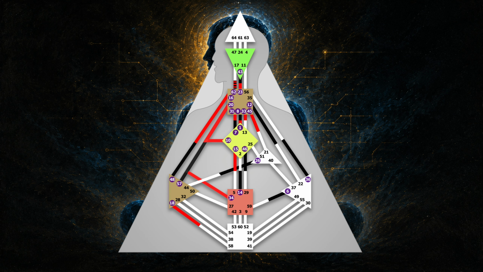Now look at the channels, because this is where King's design gets remarkable. He carries an extraordinary concentration of integration channels, the group of 4 channels that form the backbone of individuation, of becoming and living as oneself. Most people have one of these, maybe 2.